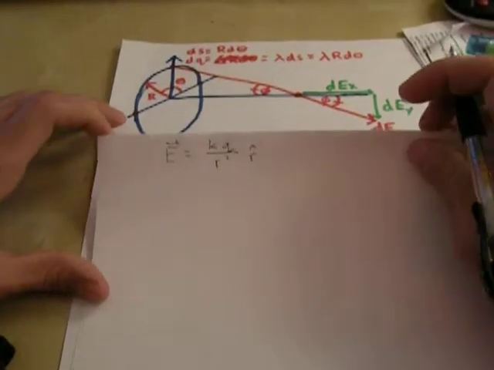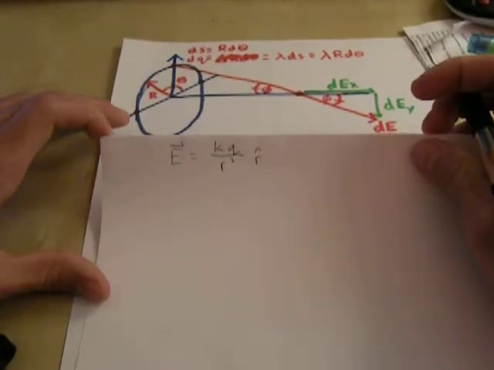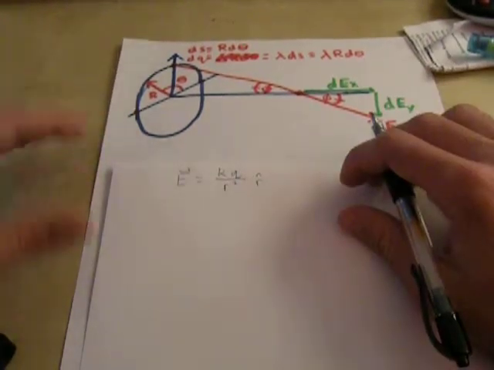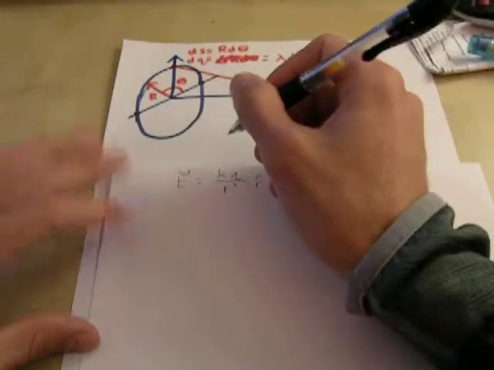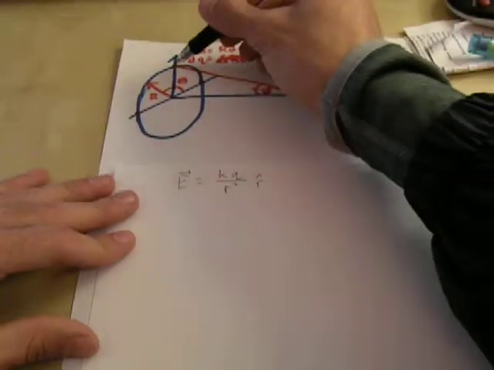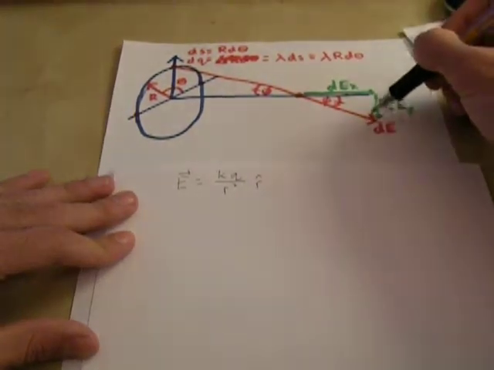So we want to make this apply to the ring here, the circle. That's the problem. First of all, we're going to look at this line of charge right here, dE.